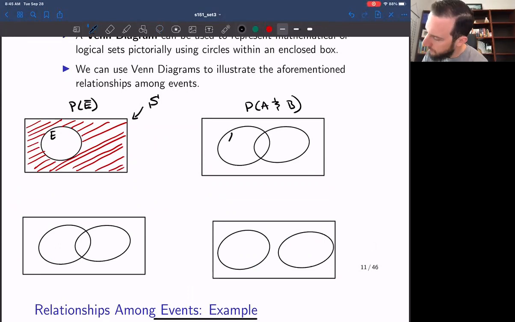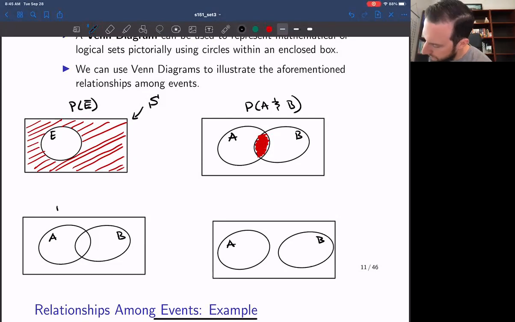Here we're going to let each circle represent event A and event B. The intersection refers to the part that overlaps. So the intersection of two events is the area that the two events share.